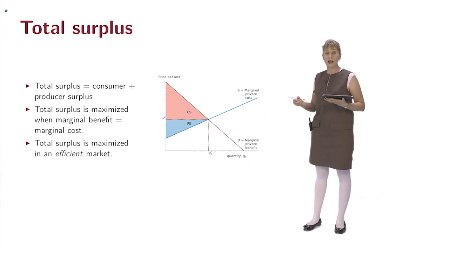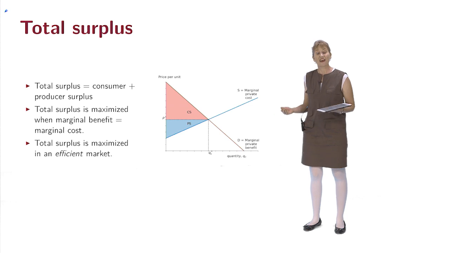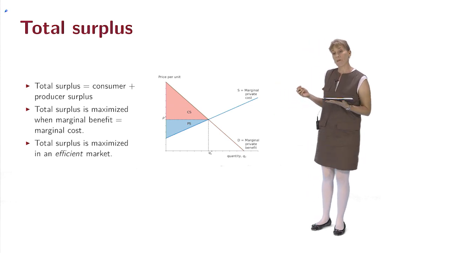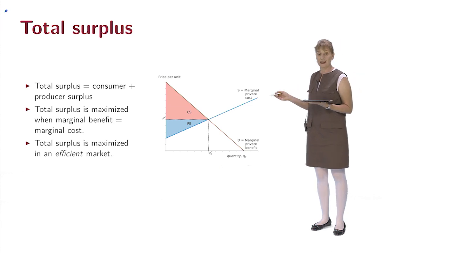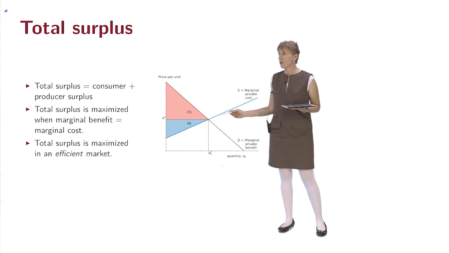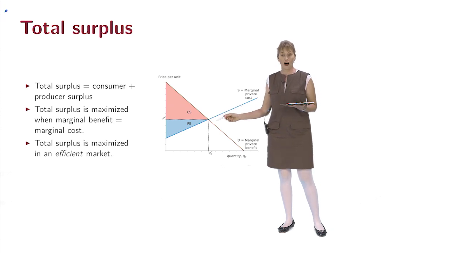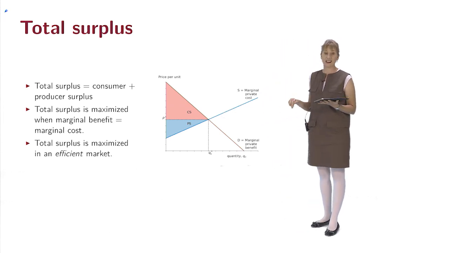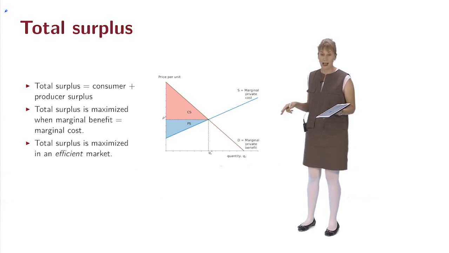And economists call a market efficient if total surplus is maximized. And market efficiency occurs at the point where marginal benefit is equal to marginal cost, and that's our equilibrium outcome. This picture here represents an efficient market outcome.